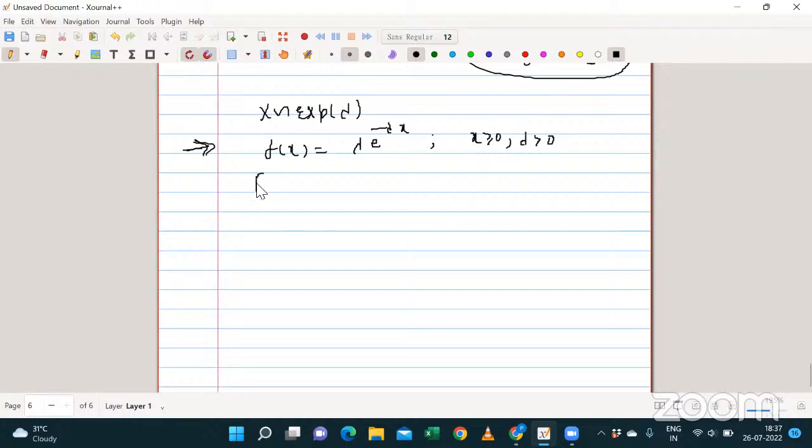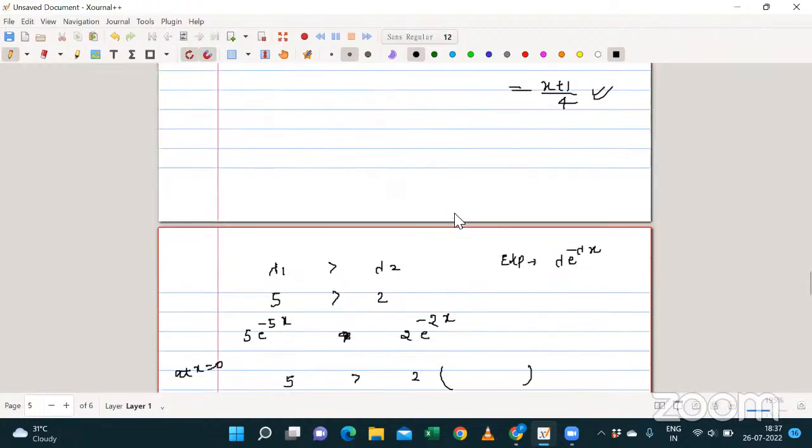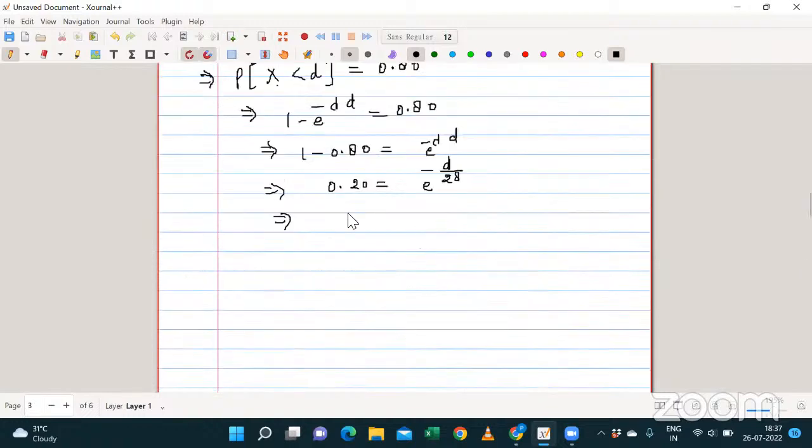Now, you know what the CDF is: 1 minus e raised to minus lambda x. Similarly, you can write probability X greater than x as e raised to minus lambda x. Is it clear? Yes, clear, sir.